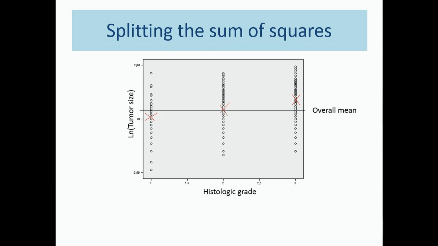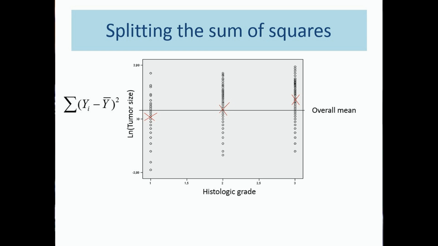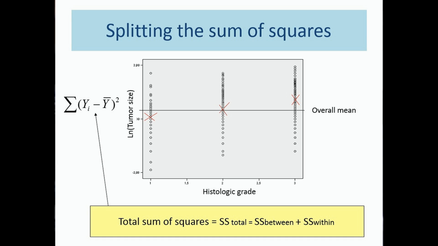In the figure, we see the logarithm of the tumor size plotted against the histologic grade. The red crosses are the group means, and the horizontal line depicts the overall mean. The total sum of the squared deviations will be split into two parts: the sum of squares between the groups and the sum of squares within the groups.